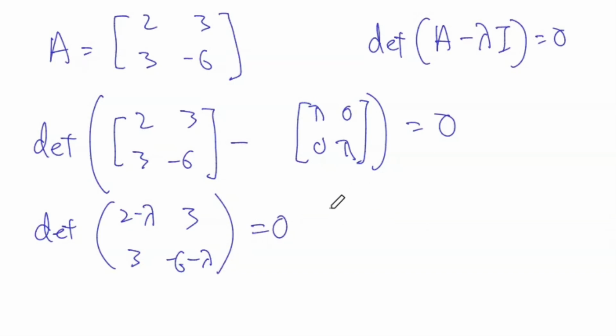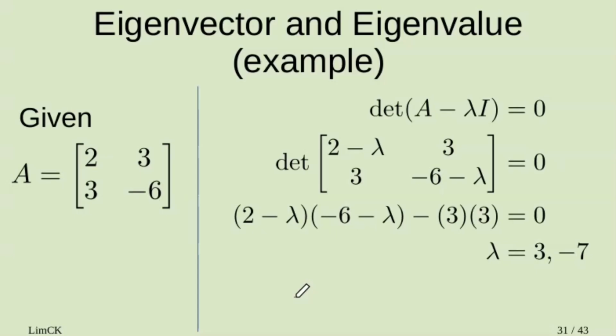To find the determinant of a 2 by 2 matrix is easy. So just (2 minus lambda)(negative 6 minus lambda) minus 9 equal to 0. You solve this, and you get lambda equal to 3 and negative 7. So 3 and negative 7 are the eigenvalues of the matrix A.